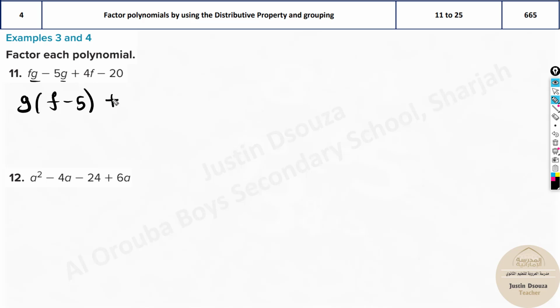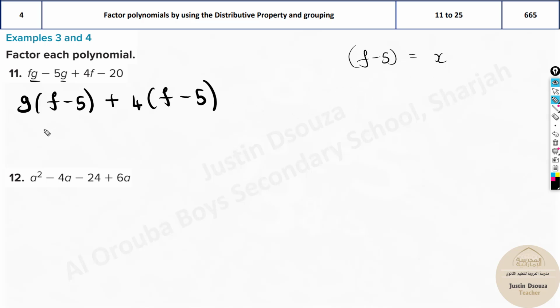Here, next plus, what is common here? 4 and 24 is common. I can remove 4 out. What is remaining? 4 minus phi. Now look at this carefully. Imagine I consider f minus phi, this term is equal to x, okay, or a, b, c, anything is fine.